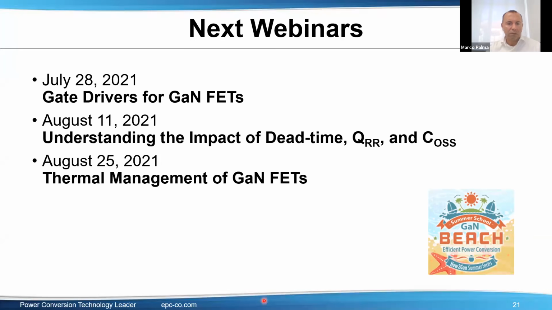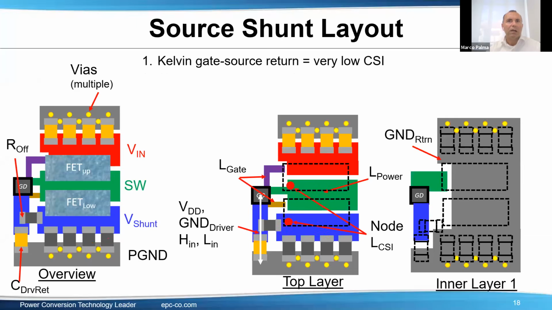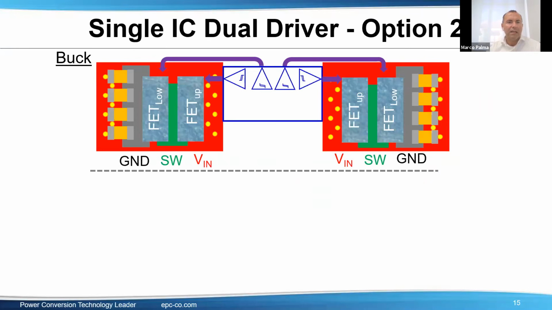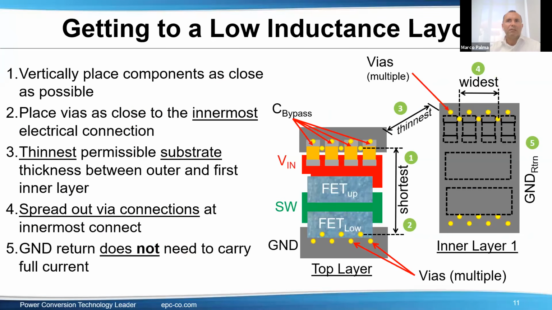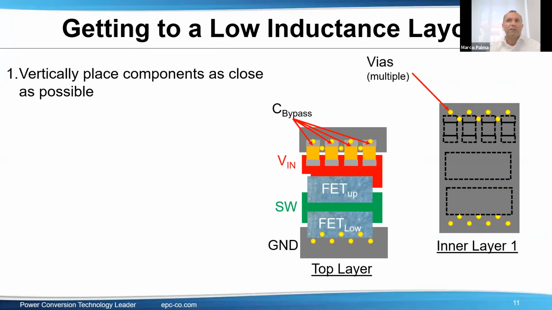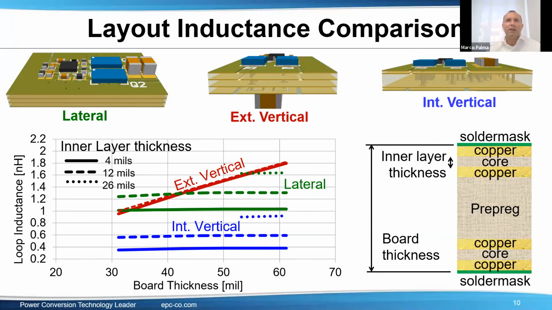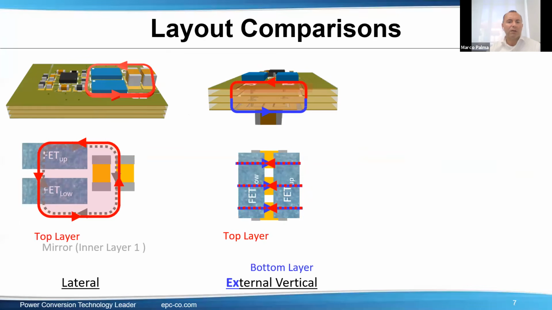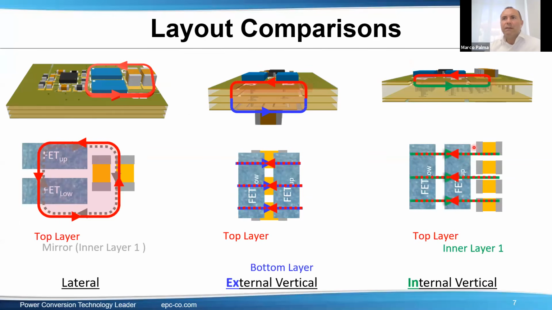Let me go back very quickly to one of the first slides, where we are comparing. You see, it's really fundamental that you have the ground on the first inner layer.